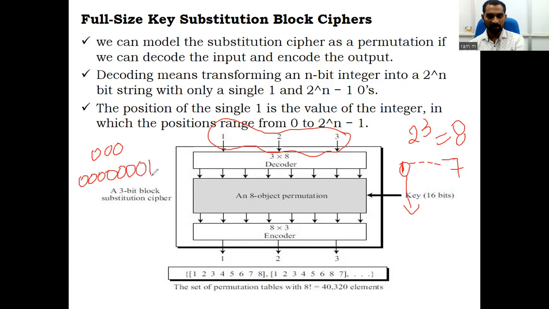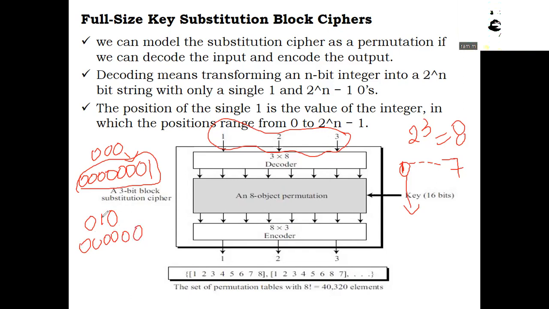Now I'll make the first bit 1. This 8 bit value represents that the value I have decoded belongs to 0. Now, if I have 0, 1, 0, how can I represent it? What is the value?